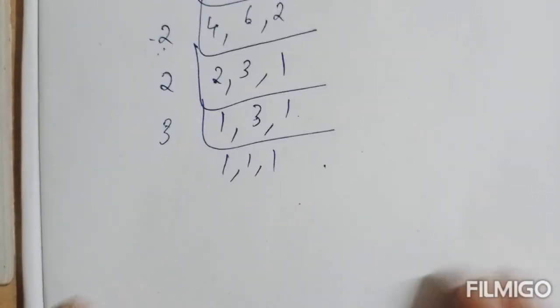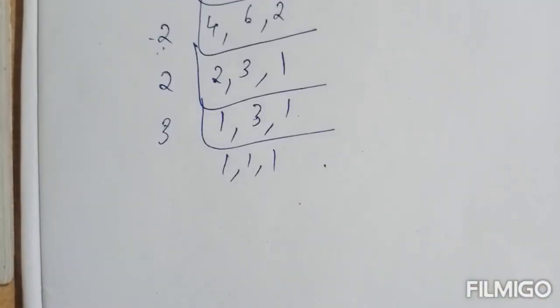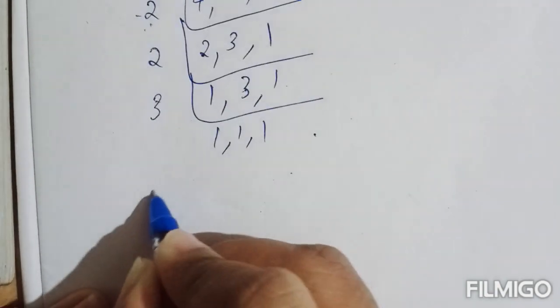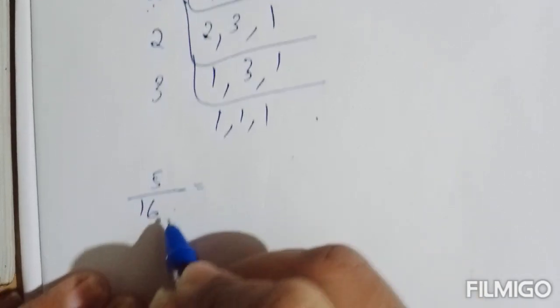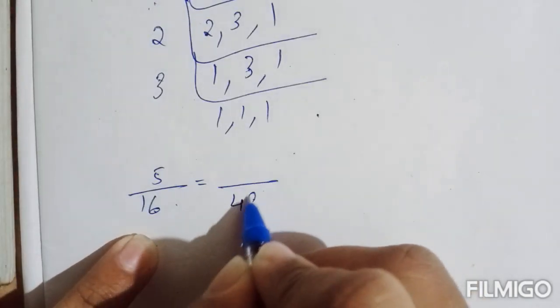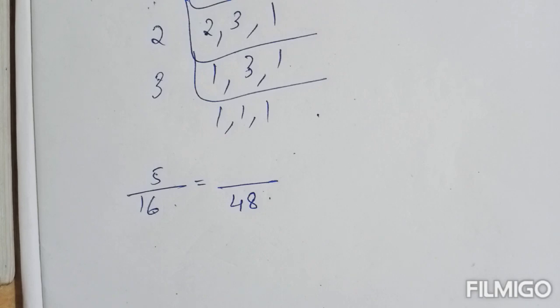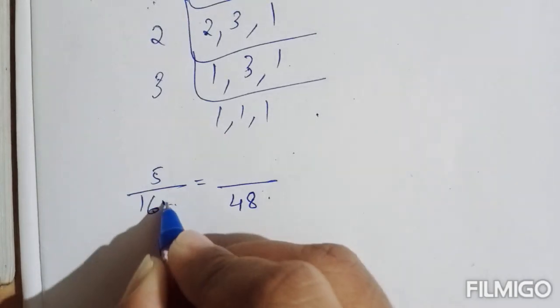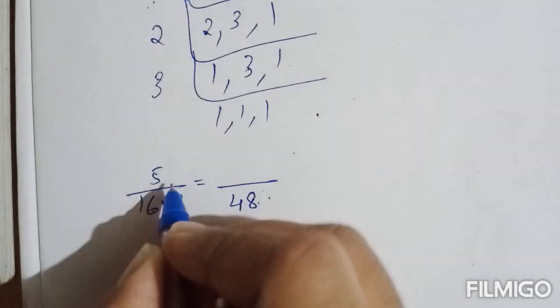Okay. Now you have to make the denominators equal to this LCM. So first fraction 5 by 16. We have to make this denominator 48, that is LCM. So we know 16 into 3 it is 48.